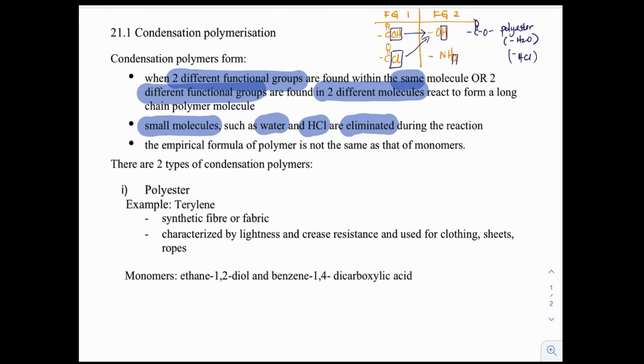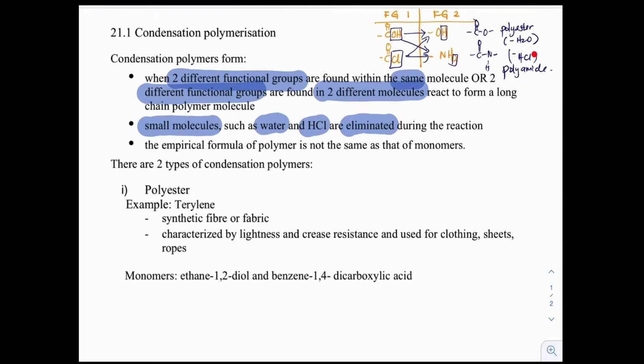In this situation, one of the H from here will be removed. So when CO joins with NH, you're going to get an amide bond like this. I call this a polyamide. During these reactions, water is being removed, or it could be acyl chloride pairing with amine.